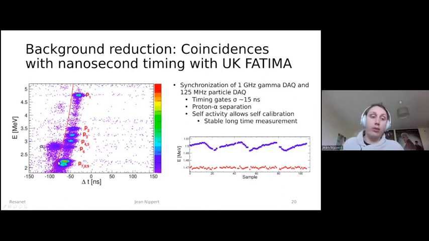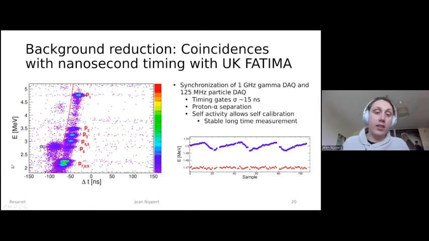Because if you look at this red curve, it's basically just a separation between the alpha signals and the proton signals, meaning that we can measure exclusive cross sections for proton and for alpha. That also means that for an alpha that has the same energy as a proton line, we can distinguish the two signals, and this is very powerful.